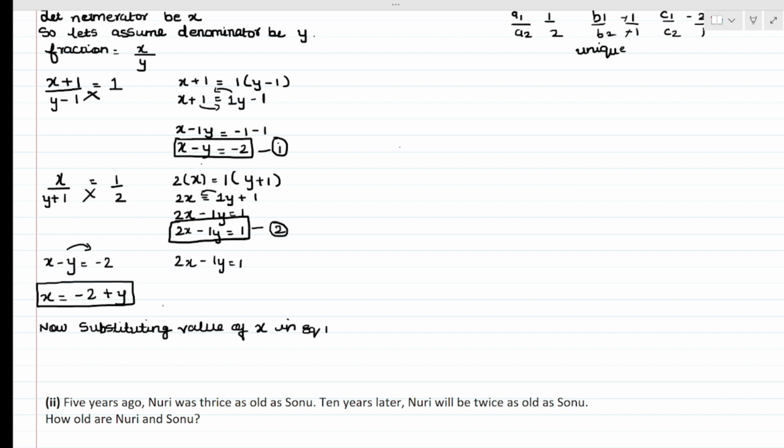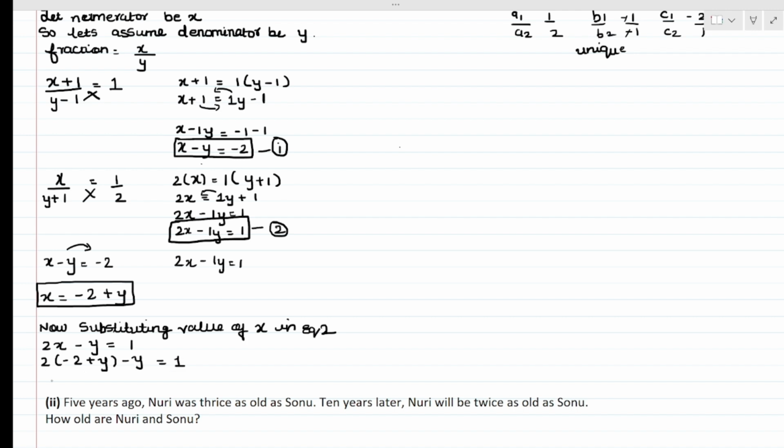So what is my equation number 2? As I have made the equation of x, I will substitute this value in my equation number 2: 2x minus y equals 1. So instead of x, what will I substitute? I will substitute minus 2 plus y, minus y equals 1.